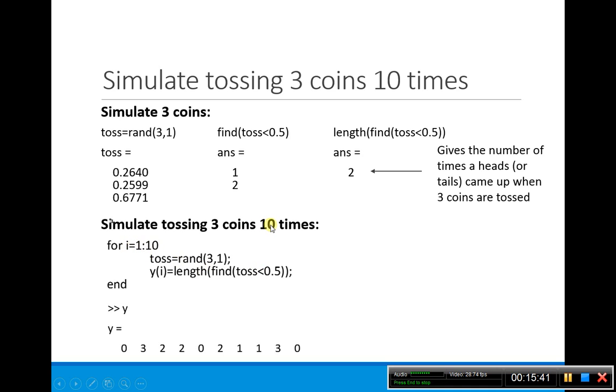Now what I want to do is I want to do this 10 times. So I say I want to go from 1 to 10. So as i goes from 1 to 10, do this toss each time and keep track of how many heads I've got. So when I finish with this, on my first toss I got no heads. My second toss I got 3, 2, 2, 0, 2, 1, 1, 3, 0. So this is how many heads I got on each toss.